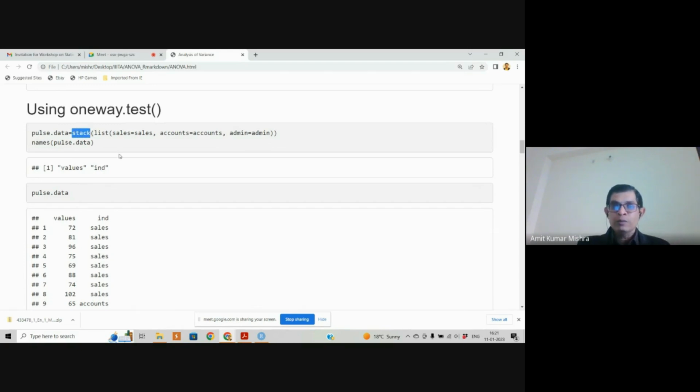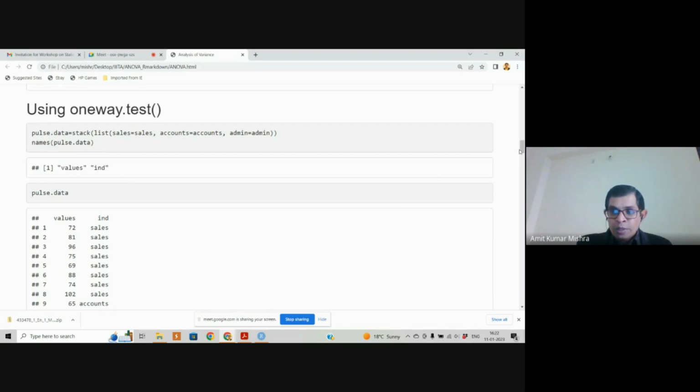It will create two columns, and inside I am taking the list of all these three: sales data named sales, accounts data named accounts, and admin data named admin. Now if you focus on pulse.data, it will contain two variables. If you run names(pulse.data), it will give you the names of the variables: values and ind.